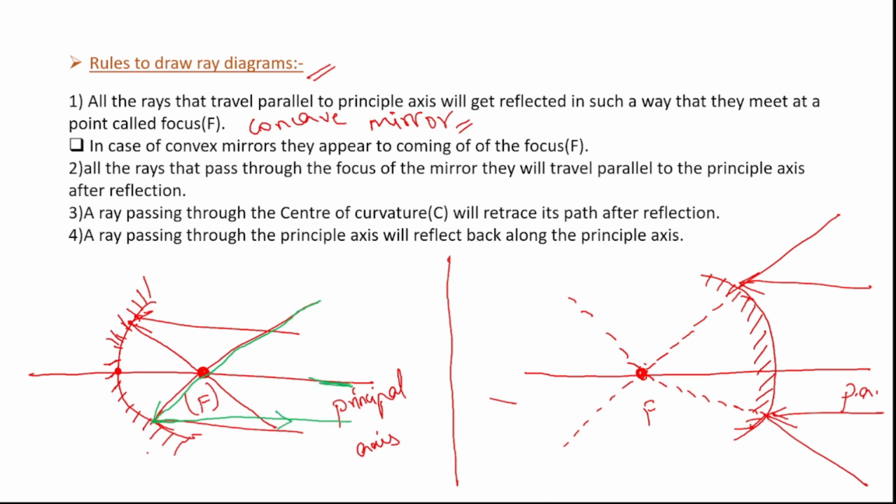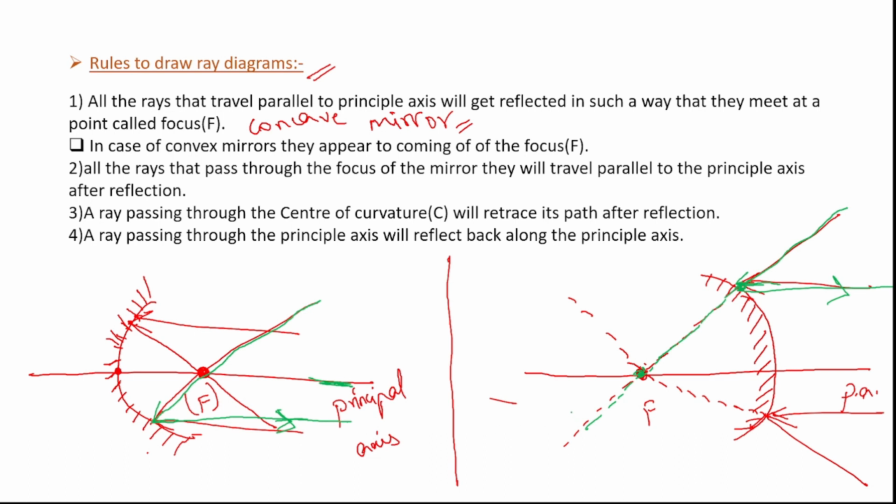Okay, so this is the principal axis, right? In case of convex mirror, it is also same. Whenever a ray is passing in this way, if you extend this line backwards, it will meet at the focus, right? So whenever a ray is falling onto the mirror in this direction, it will reflect parallel to the principal axis.